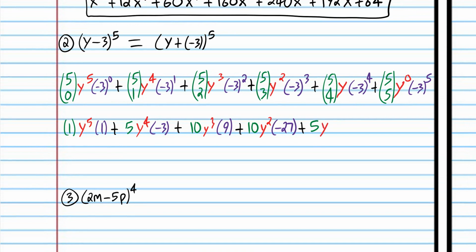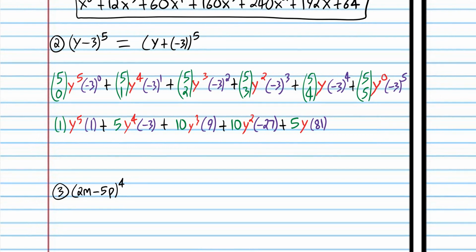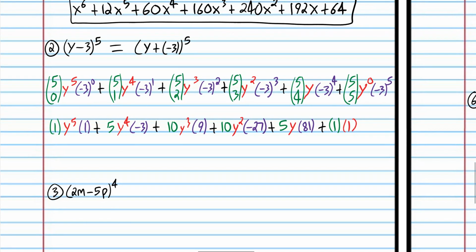So 5y times negative 3 to the fourth power, which is positive 81. And how many ways can you choose 5 things out of 5 things? Well, obviously that's just 1. So y to the 0 power is 1. Negative 3 to the fifth power, that's going to be negative 243.